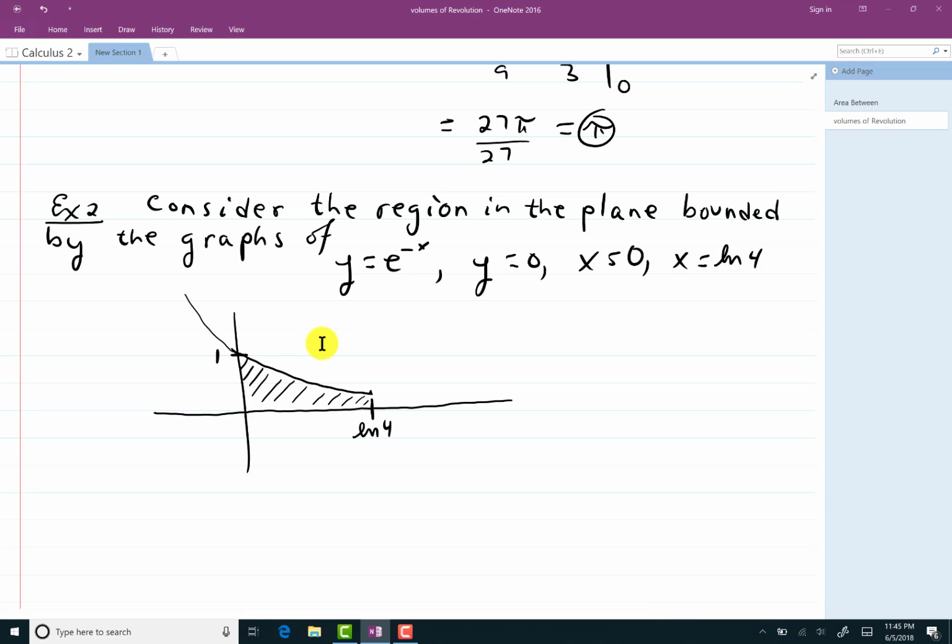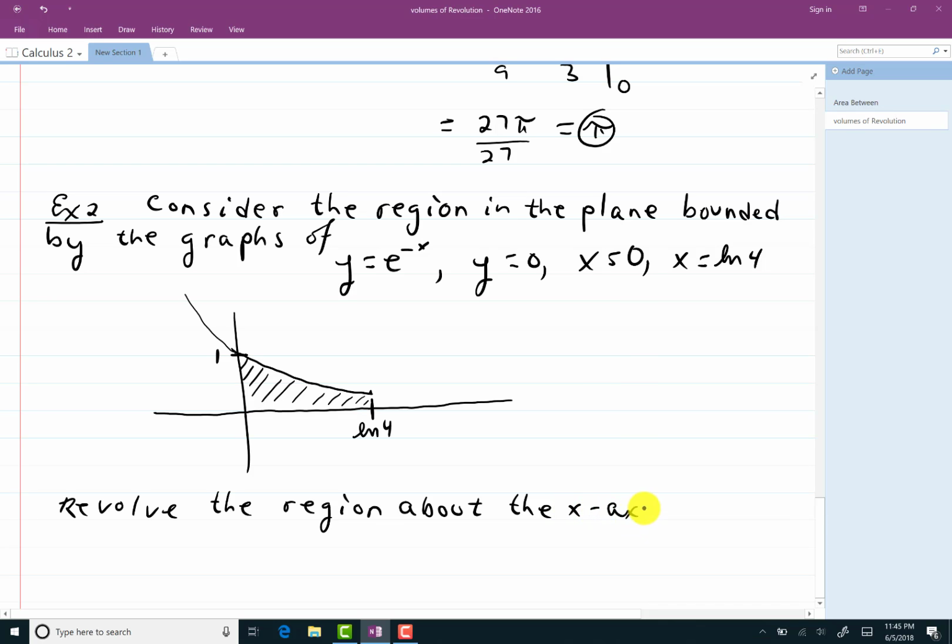But let's go and do the same thing as before. Revolve the region about the x-axis.